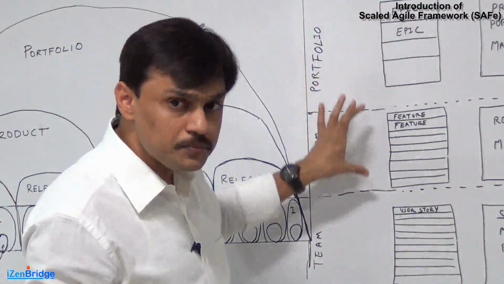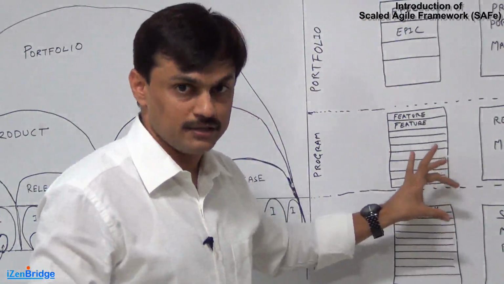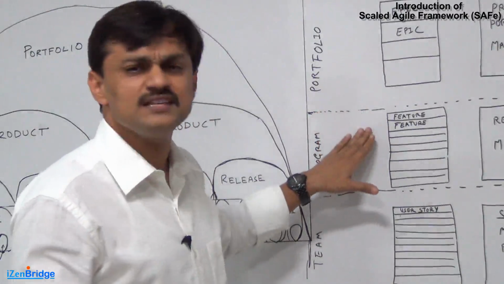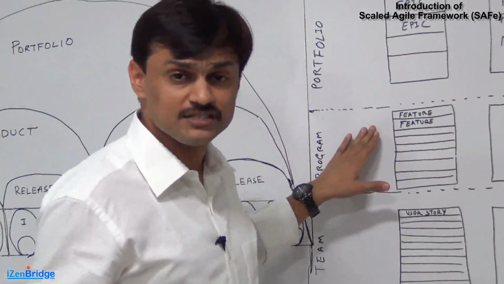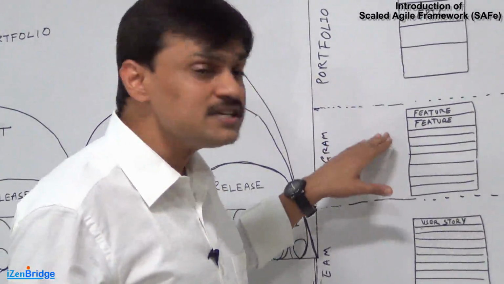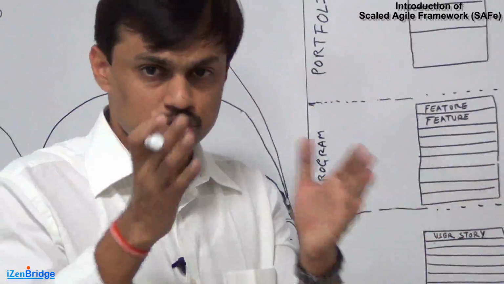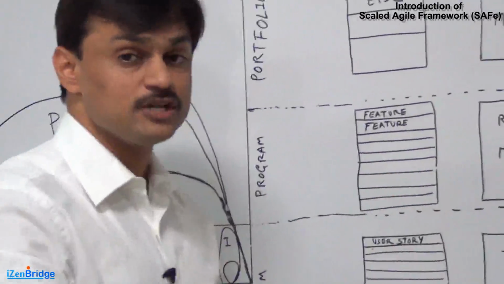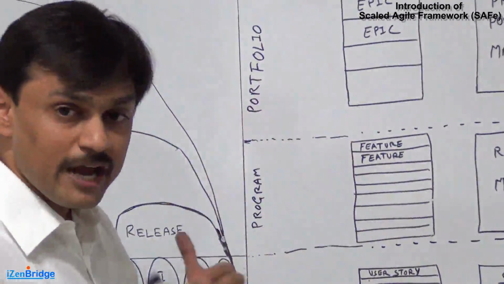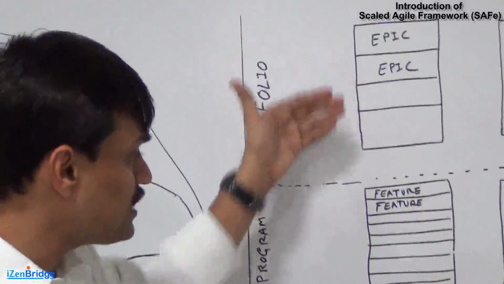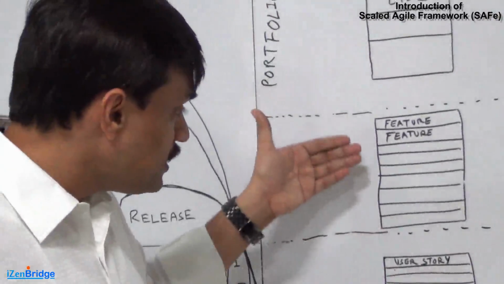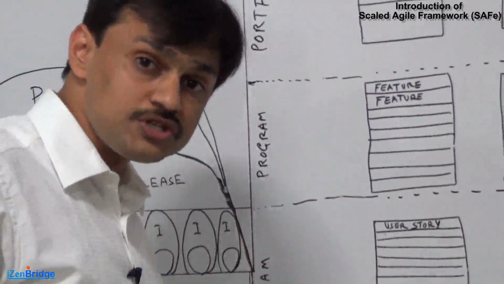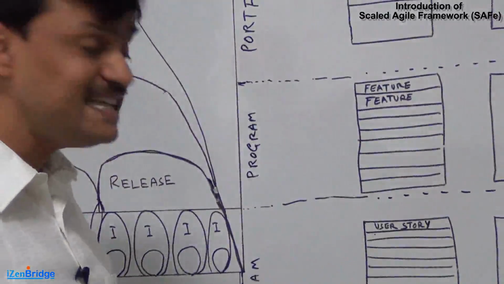Once approved, when these initiatives get into execution or implementation, they get divided into features. Feature is a very standard term; marketing, sales, everybody understands that we need these features. So a feature is a splitting of epics into manageable components which can be delivered by program increments or by the program team. So we have a progressive elaboration of epics into features, and these features are further elaborated in the form of user stories, which constitute the team backlog.